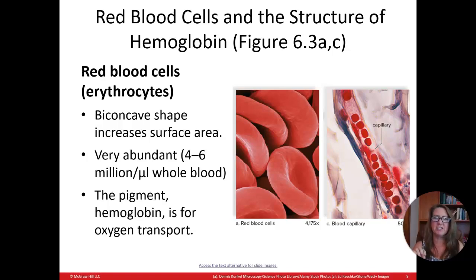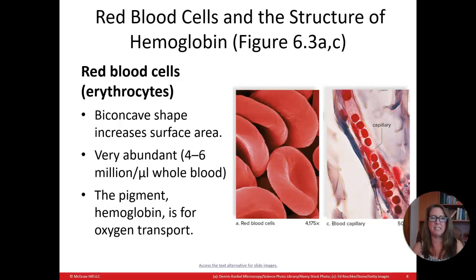And the reason it's lost its nucleus is it's got to maintain the shape that's optimal for a pigment called hemoglobin. Now, you might not have known that hemoglobin is a pigment. We need iron, or the heme group, to make up that hemoglobin. And that hemoglobin is specialized to carry oxygen to our cells.